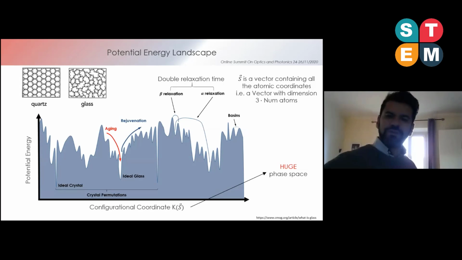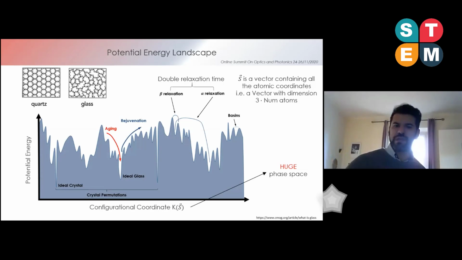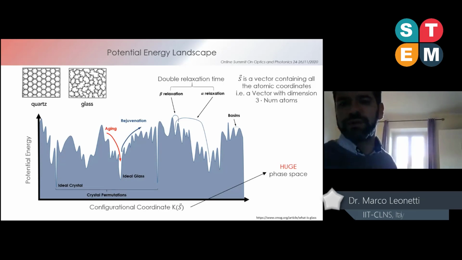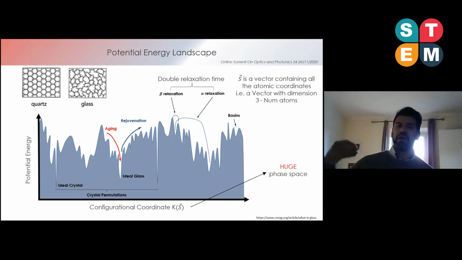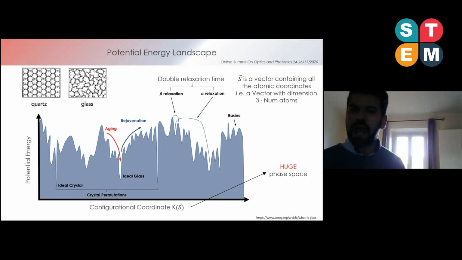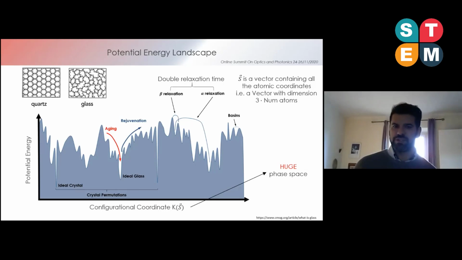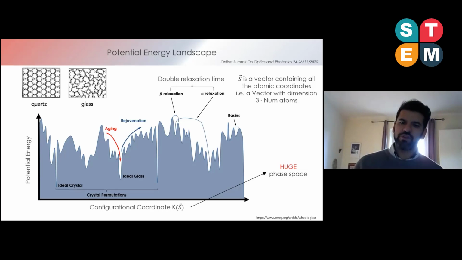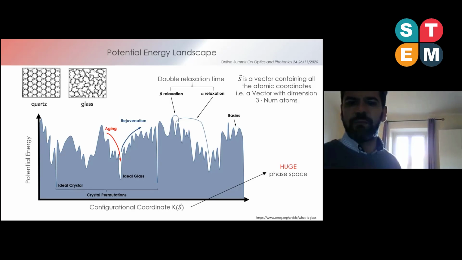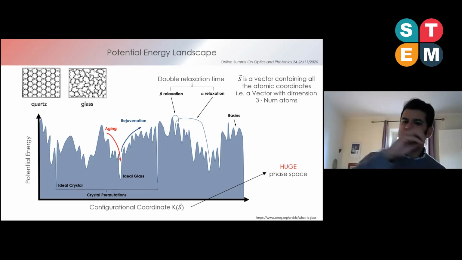If you follow the behavior of the glass over time, as it is a metastable state, it will be moving from one minimum to another. There are phenomena connected to this movement, named aging, rejuvenation, alpha relaxation, or beta relaxation. In particular, beta relaxation is the movement from one minimum to a close one, and alpha relaxation is a movement from one minimum to a regional minimum.